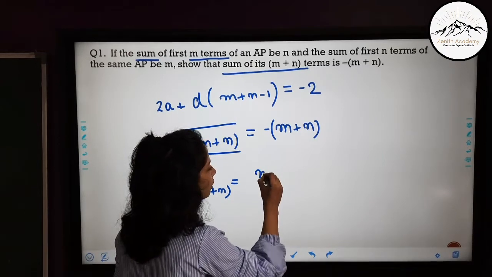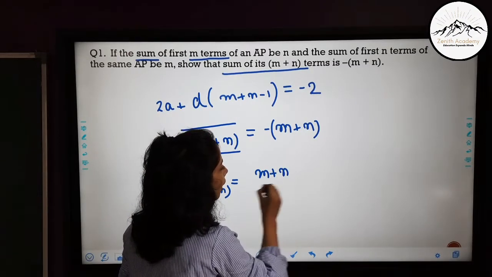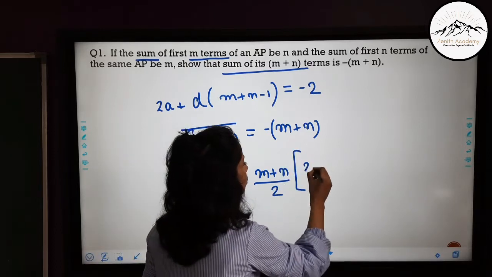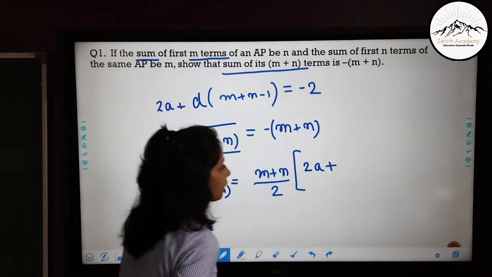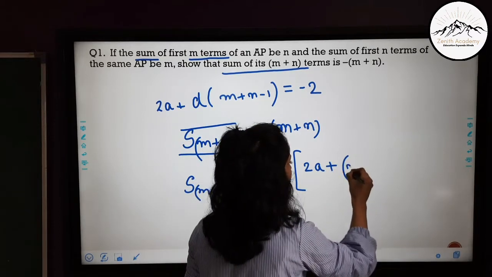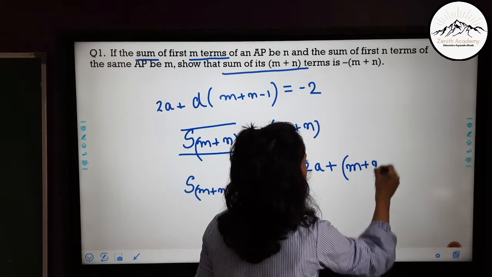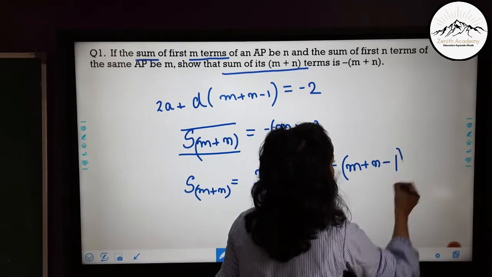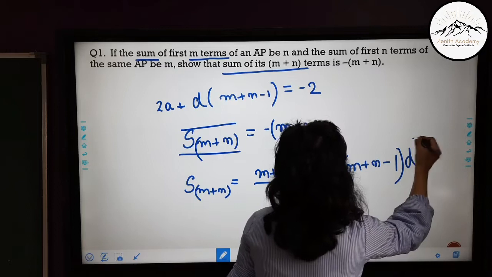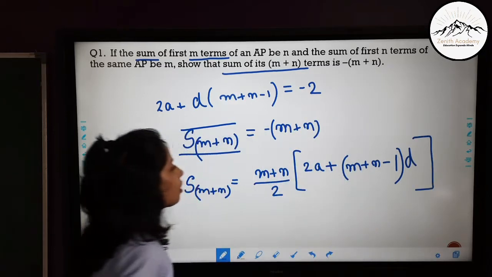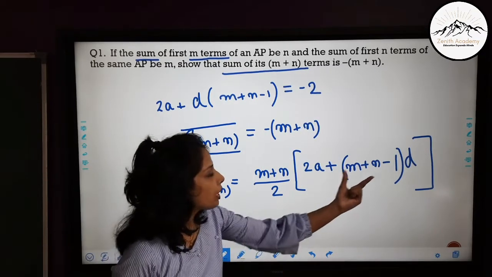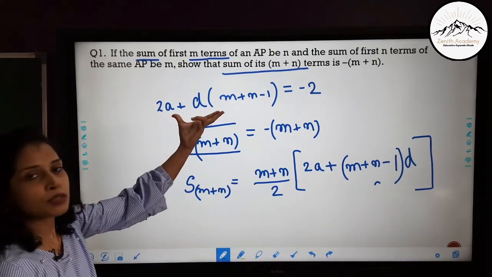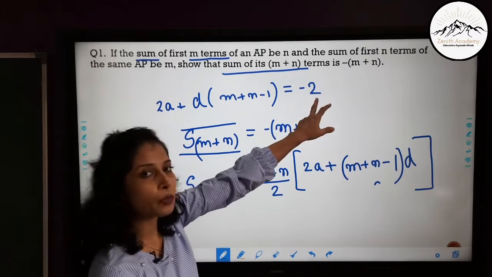So just putting this in the formula, m plus n by 2, 2a plus, instead of n we are putting m plus n. So m plus n minus 1 into d. Now see, 2a plus m plus n minus 1 into d. This is what we have got here, which is equal to minus 2.